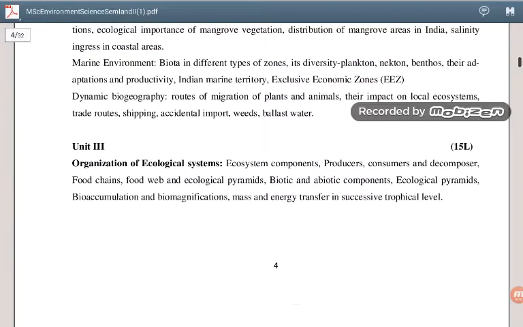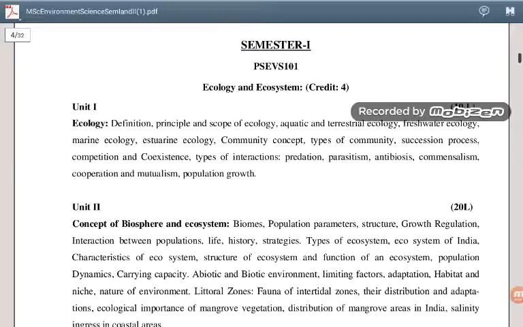So the first unit is related to the definitions and certain terms related to the main heading, that is ecology. So what is ecology, the definition of ecology, principles, scope, what are the different types of ecologies, what are the different types of ecosystems which sustain on the earth surface.